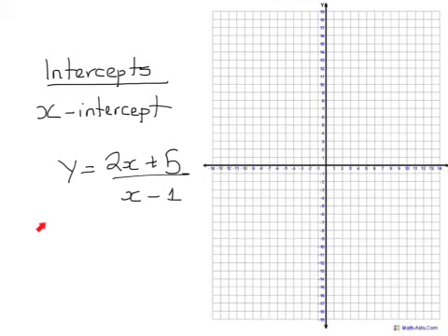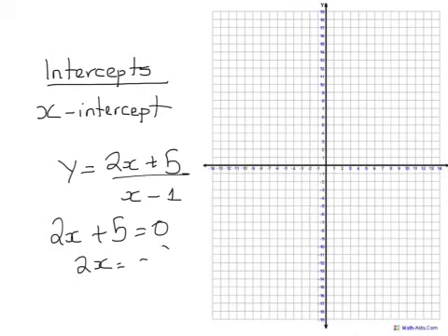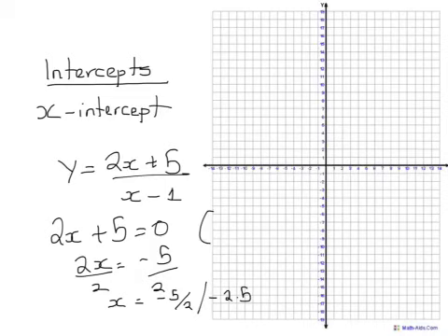So, 2x plus 5 equals 0. 2x equals negative 5. Divide by 2 on both sides. You get x equals negative 5 over 2, which is the same as negative 2.5. So our x-intercept will be at negative 2.5, 0.